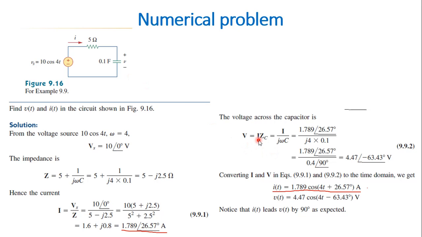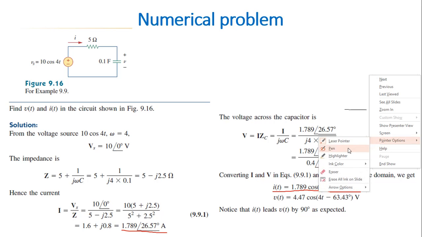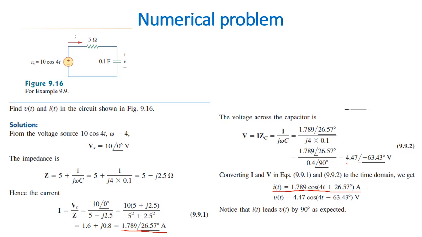V is equal to I times, instead of R, the impedance of the capacitor, so V is I by j omega C. Substituting the values of I, omega and C and simplifying, we get the voltage in phasor form as 4.47 angle minus 63.43 volts.